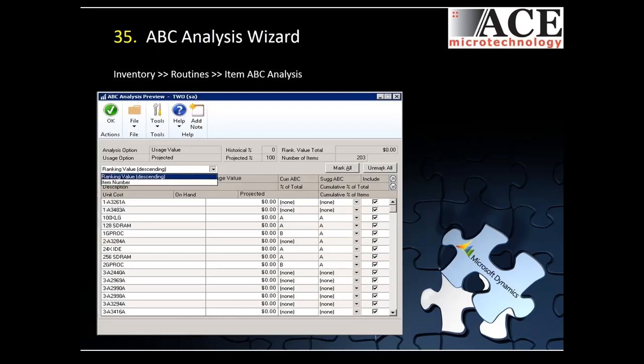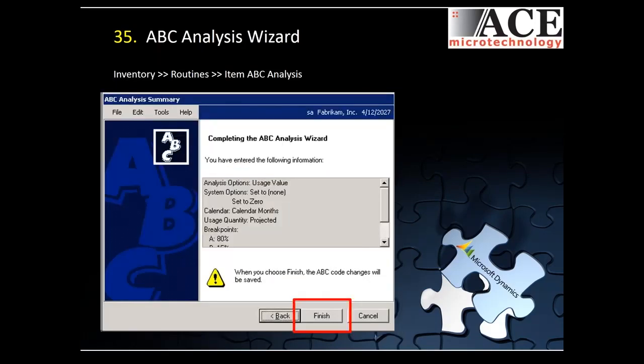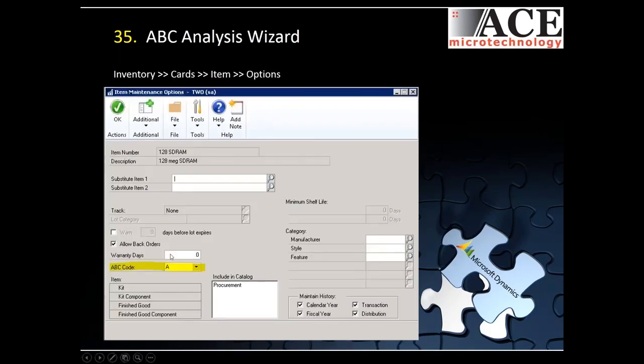But I really like this tool, because once I click OK on this and finish using this wizard, it's going to process through and automatically update my ABC code on every single one of my items that I was processing in my wizard.